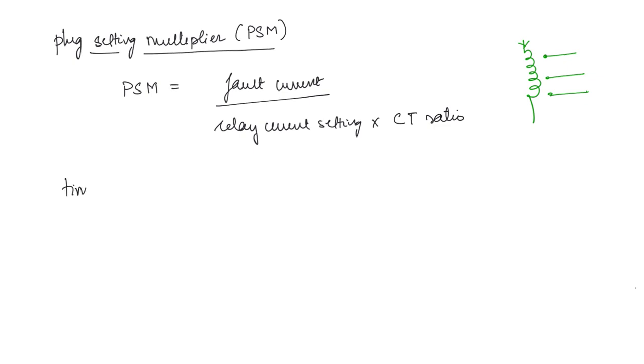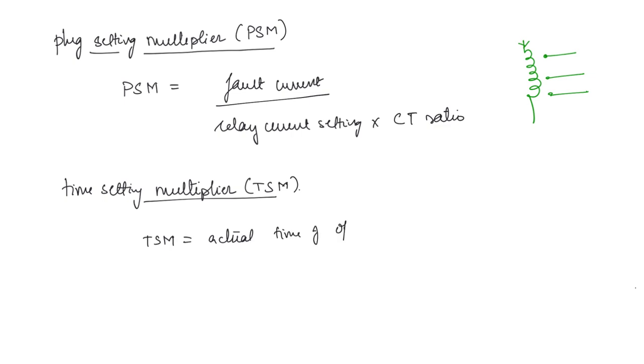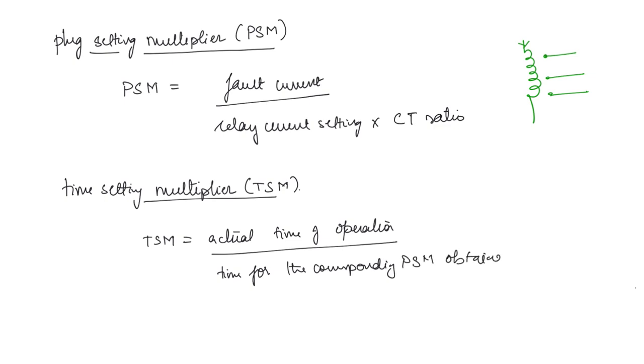Next is the time setting multiplier, abbreviated as TSM. This is given by the actual operating time divided by the time for the corresponding PSM obtained from the time-current characteristics.